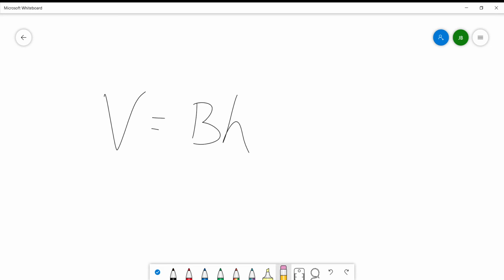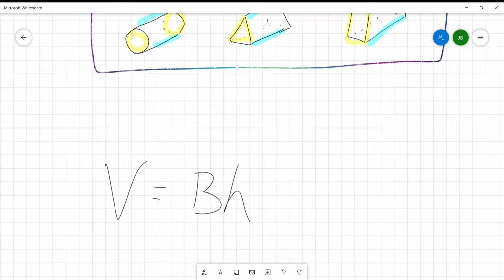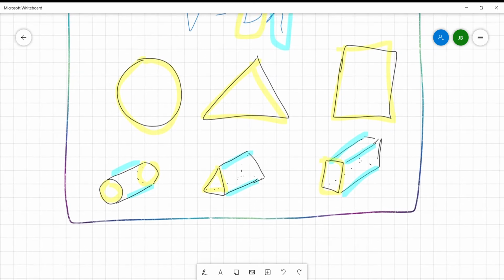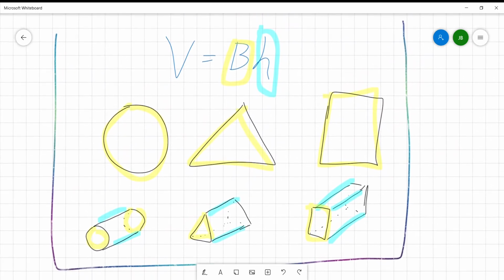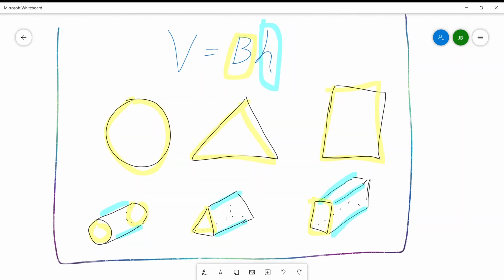So let's take a look at some of the things here. If the volume equals the base times the height, you look at a cylinder. The cylinder has a base that is a circle, and for a cylinder we have to assume that the top and the bottom are the same. So the cylinder has circles.